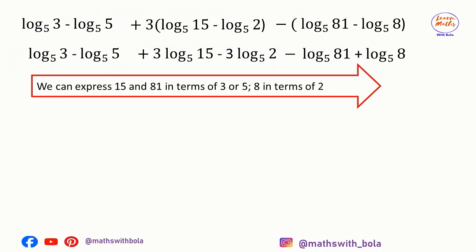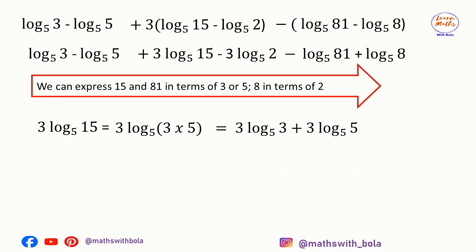So we can express 15 and 81 in terms of 3 or 5, and we can express 8 in terms of 2. So what we do is say log 15 will be equal to log 3 times 5, and that will be log 3 plus log 5. The 3 is the coefficient there, so we can express log 15 this way. And log 81 can be expressed as, remember, 3 raised to power 4 is equal to 81.